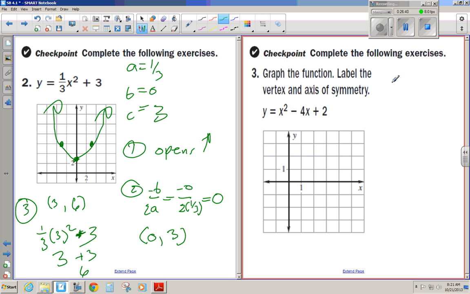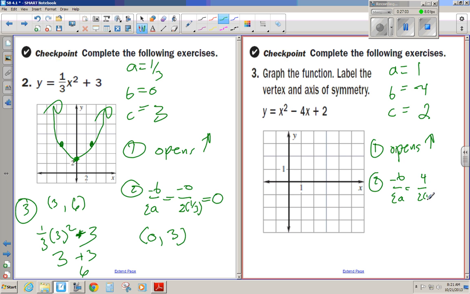All right, let's do this one. We're almost done. A, B, C. A is 1, B is negative 4, C is 2. So in step 1, this opens up. Step 2, let's find the vertex. So the x part of the vertex is at 2. Now you plug it in. It's 4 minus 8 plus 2.